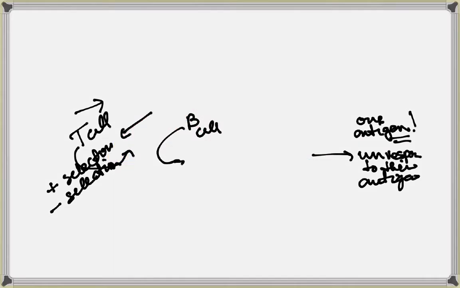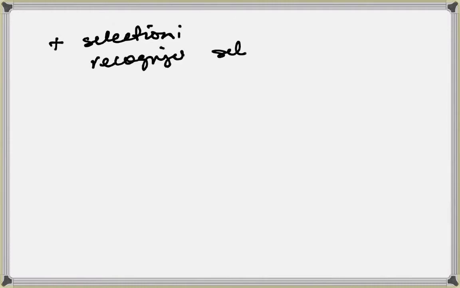So the positive selection process that they have as they mature is basically that they are capable of recognizing what are called self-MHC proteins.